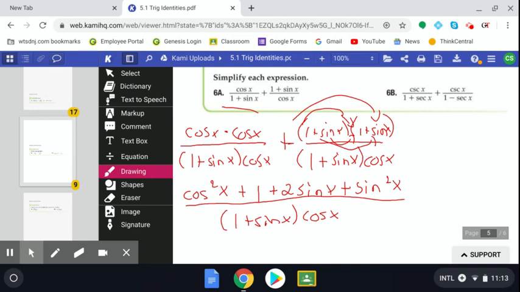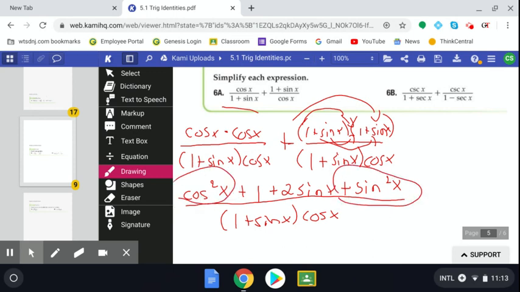And now I'm getting some good stuff here because I can try to apply some of the identities. Yes, because I know that sine squared x plus cosine squared x is 1.